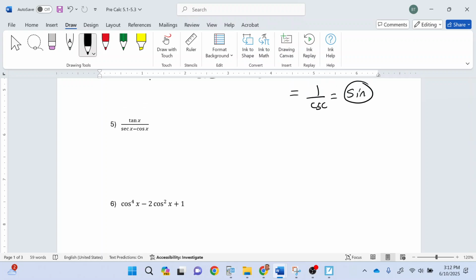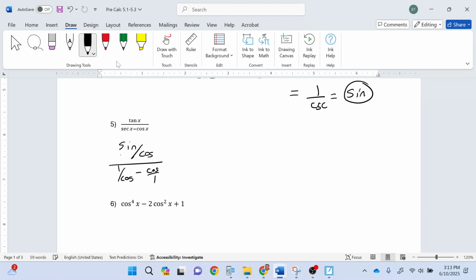Over here, tan minus secant minus cosine. In this case, I want these to combine, so I'm kind of forced to do a fraction and a fraction. So tan, actually, I guess I'll make the top into a fraction too. So I'm going to do sine over cos, over secant, which is 1 over cos, minus cos over 1.